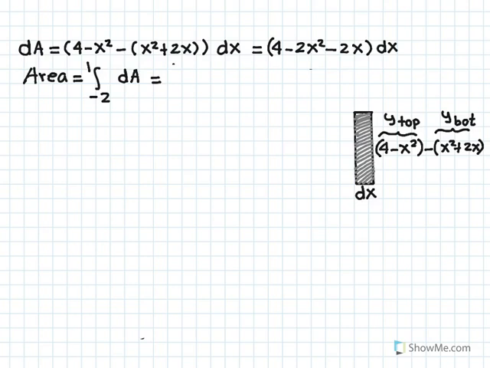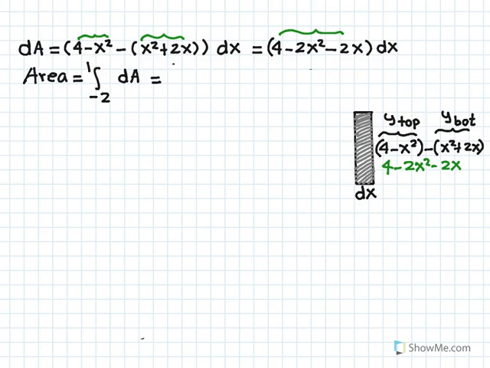Now let's define a differential area, dA. dA is top minus bottom: the top function, 4 minus x squared, minus the bottom function, x squared plus 2x. Simplifying, we get the height 4 minus 2x squared minus 2x. Let's put this into a definite integral.